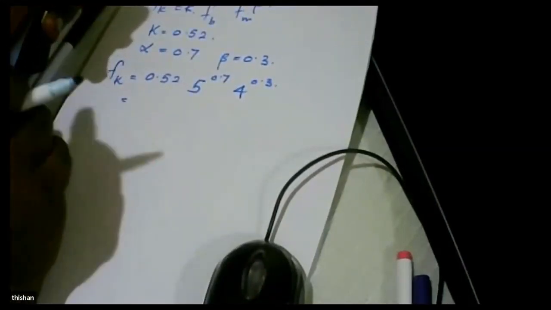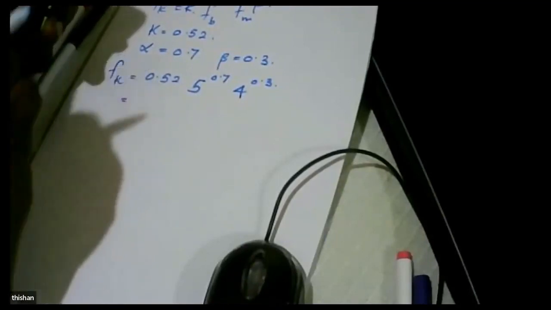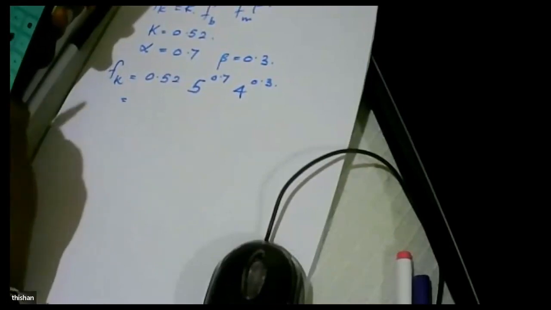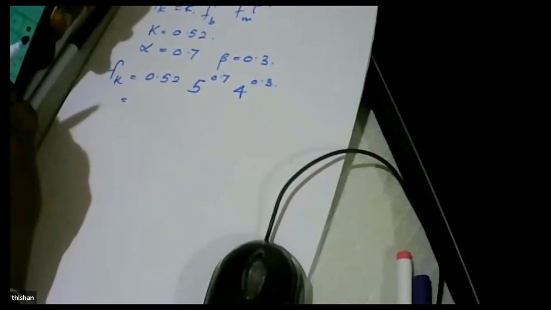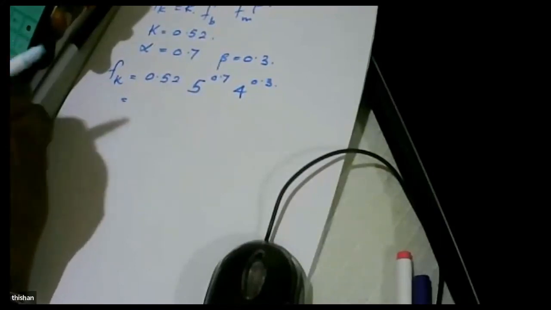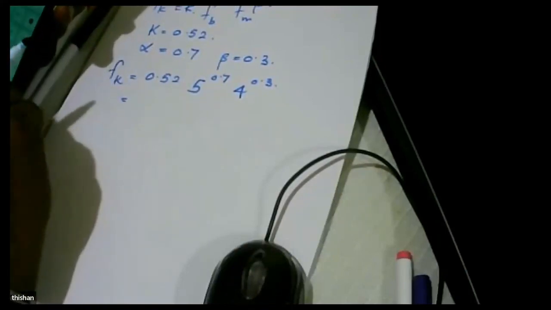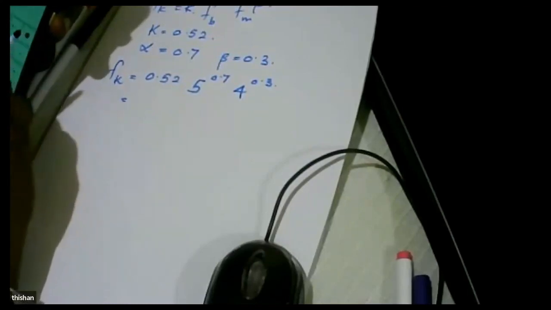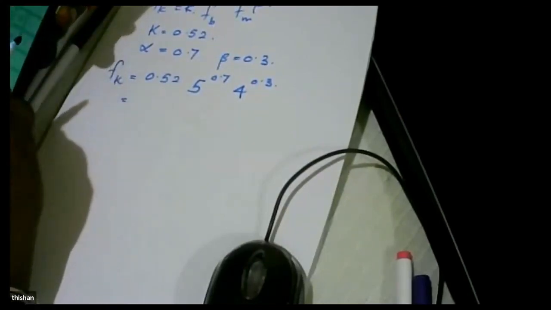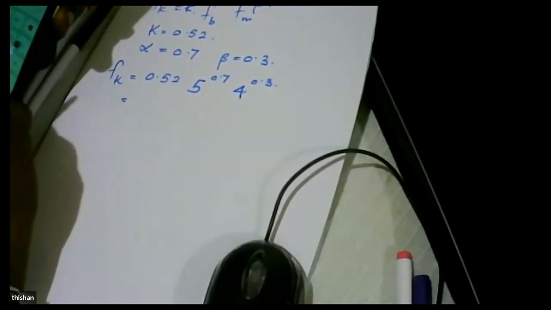So the characteristic strength that we get is, the advantage of Eurocode, because it straight away gives an equation that allows us to calculate the strength of masonry, so this comes to 2.43 newtons per millimeter square.